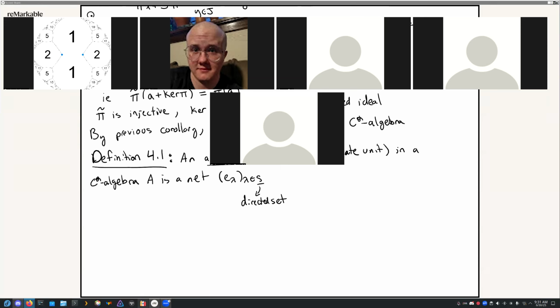So it's a net, call the elements E lambda, for lambda in some directed set S. And you can require these nets to satisfy various similar hypotheses, but these are the ones we'll use.